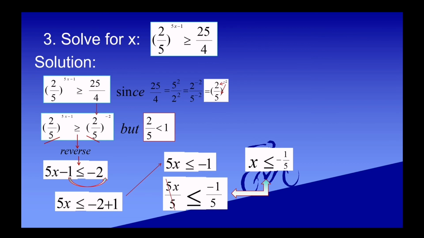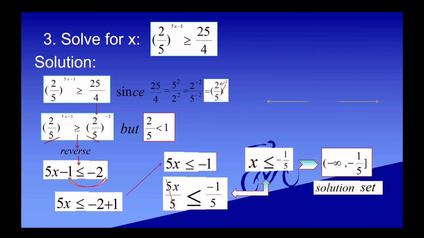So solution set here, okay, is a quantity of negative infinity and negative 1 fifth. So take note, negative 1 fifth here is included in our solution set because we have the inequality sign here, less than or equal to.